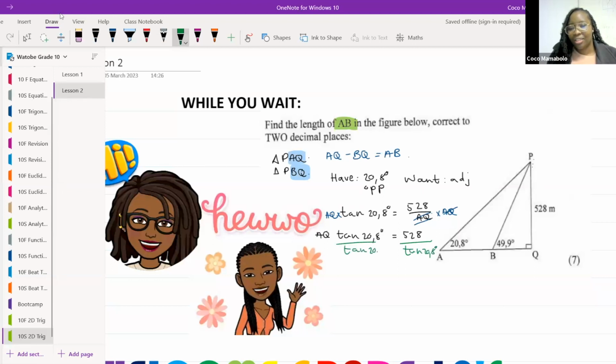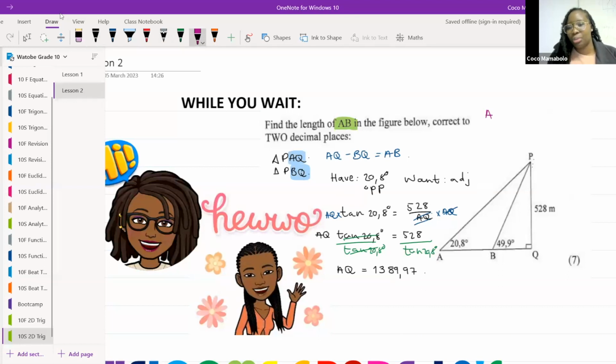Then we're going to have our AQ alone. So we just put it in our calculators, and it gives us a big number: 1,389.97.